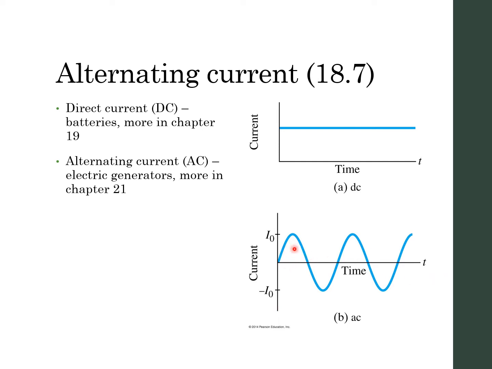And it's going to oscillate or alternate back and forth between a positive and a negative maximum value. As the current is given right now, it is a sine graph. So you're going to just alternate back and forth between these two values.